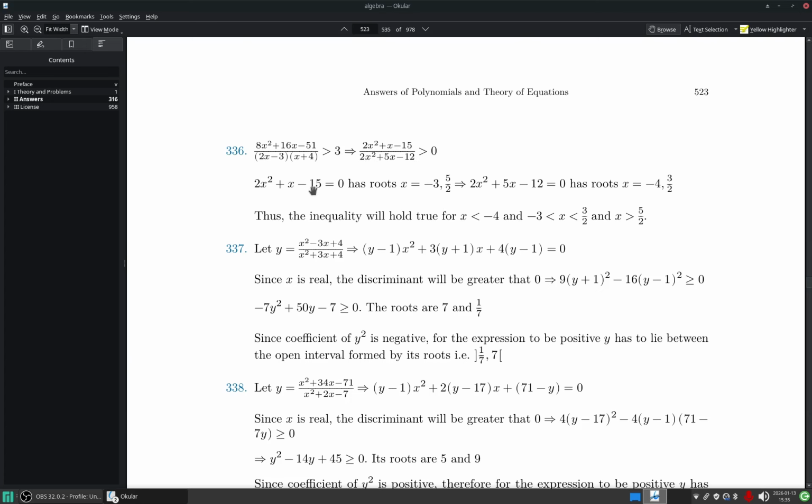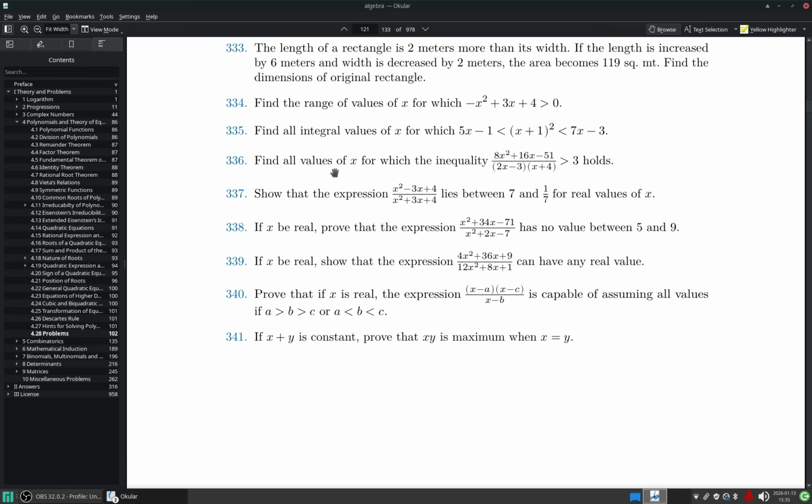Now 2x square plus x minus 15 equal to 0 has roots minus 3 and 5 by 2, and 2x square plus 5x minus 12 equal to 0 has roots minus 4 and 3 by 2. So if you look at both the ranges, you will see that the inequality will hold true for x less than minus 4, minus 3 less than x less than 3 by 2, and x greater than 5 by 2. So you can do that calculation.